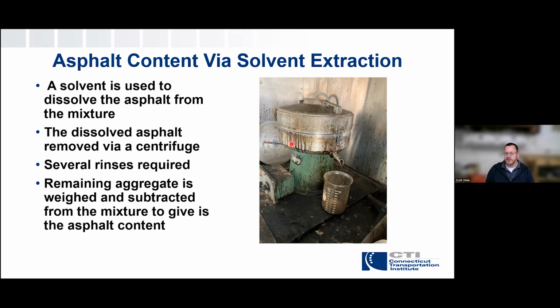And then we'd use a centrifuge, which is what's shown in this picture right here, to spin that liquid off. And we would repeat that process until we were left with just the clean aggregates. And so in that case, instead of burning the asphalt off, we were literally washing it off with a solvent that liquid binder would be soluble in.